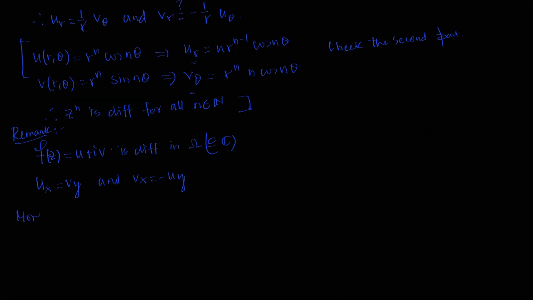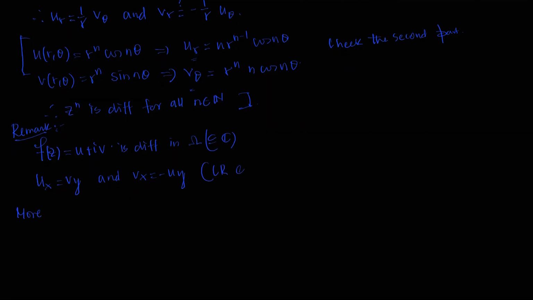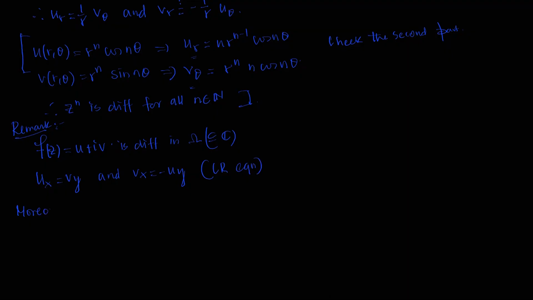So this is the CR equation part, right? Moreover, uxx plus uyy equals vxx plus vyy equals 0. This is also true.